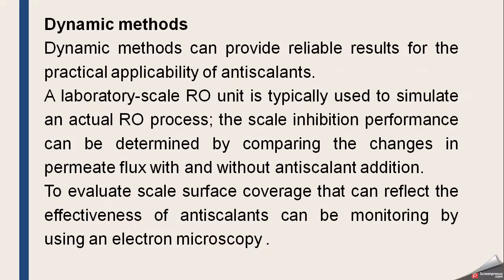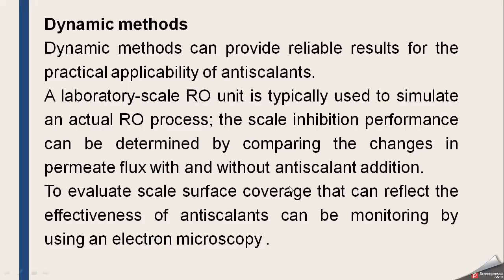Now in the dynamic method, basically we will use some practical simulation, and we have a prototype system in the laboratory which is used to check the performance of the antiscalant. Normally a laboratory scale RO unit is typically used to simulate an actual RO process.